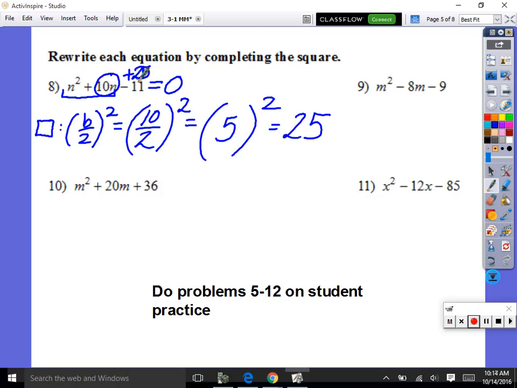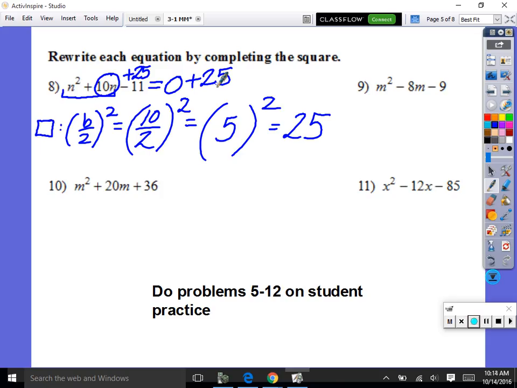So you got to do it to both sides of the equation, just like when we're solving. So we're going to also add 25 right there. You see how I did it to both sides of the equation? I've done it evenly to both sides. I haven't changed it, I just manipulated it, so to speak.